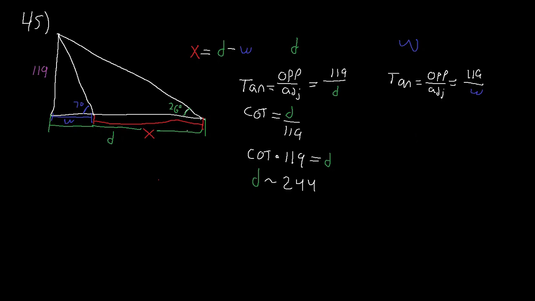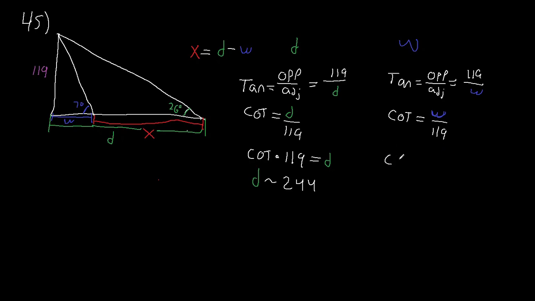Hopefully you're with me so far. We're going to do the same thing we did before, where we flip both sides. So this becomes the cotangent, and this becomes our W over our 119 side.